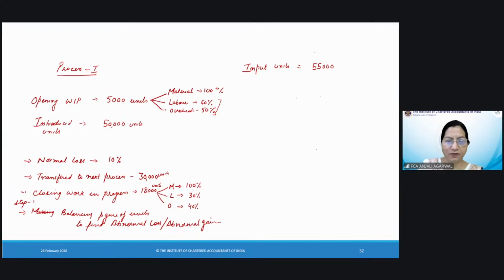So the first step is to find out the balancing figure of units and see whether there is an abnormal loss or abnormal gain. So input units was 55,000.